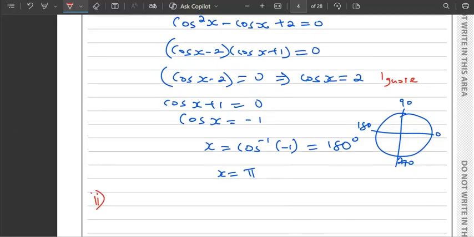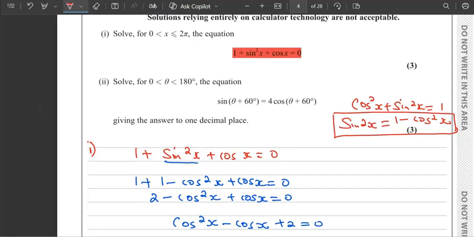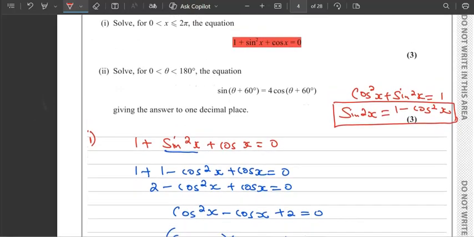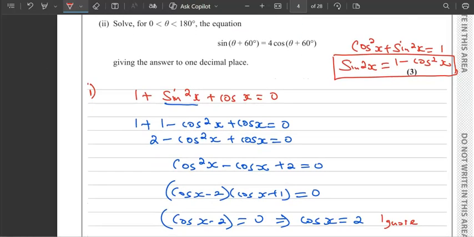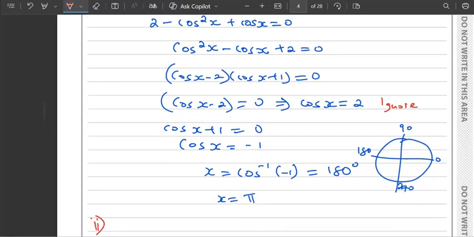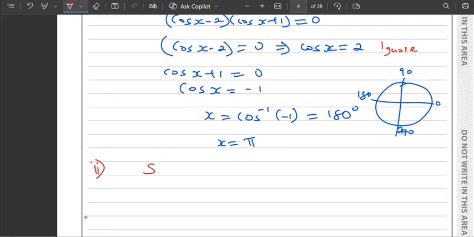The question is up here. So Roman 2, you are told to solve for the range theta greater than 0 but less than 180: sine of theta plus 60 equals 4 cos of theta plus 60.